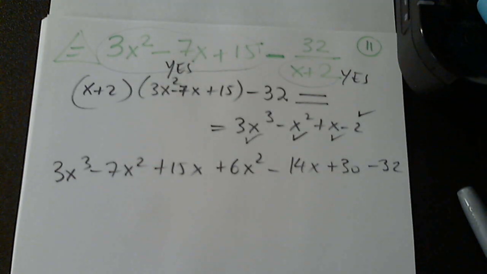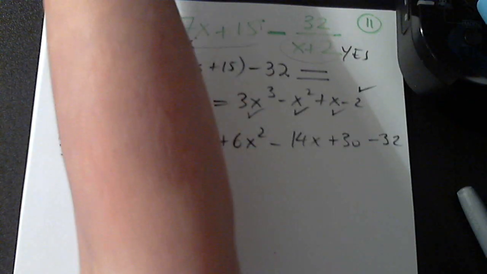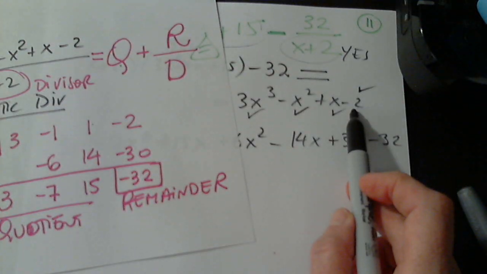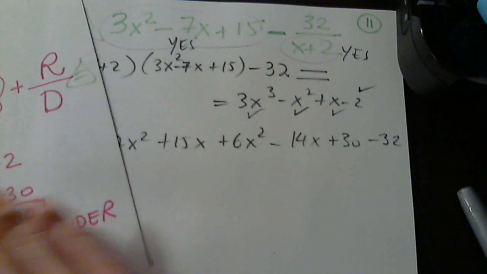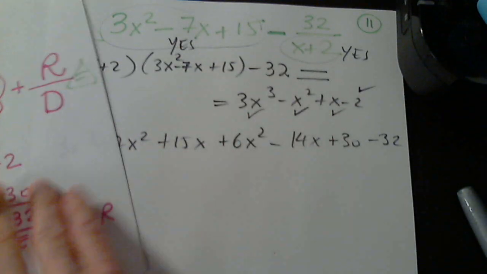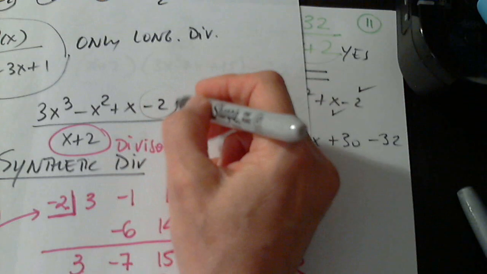Any questions? Any questions on how to apply the synthetic division? Where did the negative 2 come from before you keep on? You mean this one? No, at the dividing. Oh, the negative 32? No, the negative 2. Sorry about that. Right here.